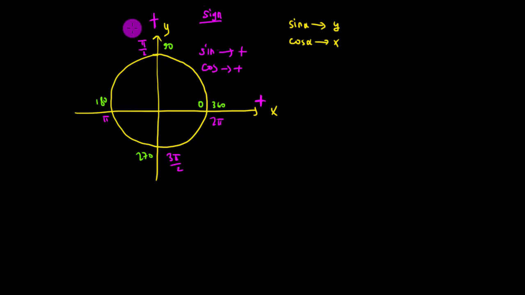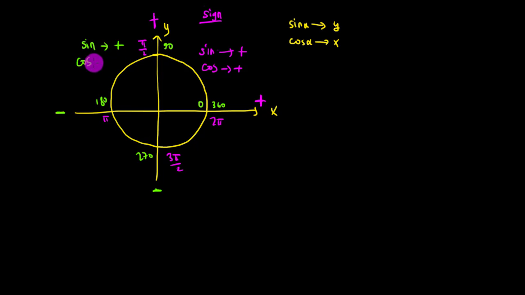Let's look at this one. Here x is minus, because this is the negative direction. In this direction y is plus, so sine would be plus.